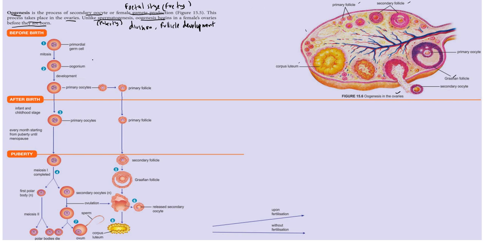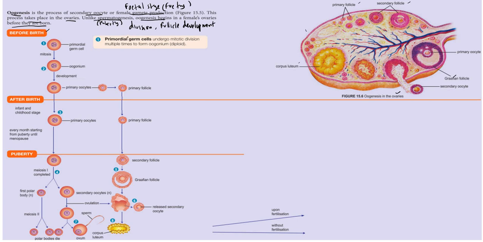This diagram I have altered a bit so that you can understand better. It is actually from the textbook, but I made it match the explanation. So before birth, before we come out from our mother's womb, this occurs in the ovary: primordial germ cells.